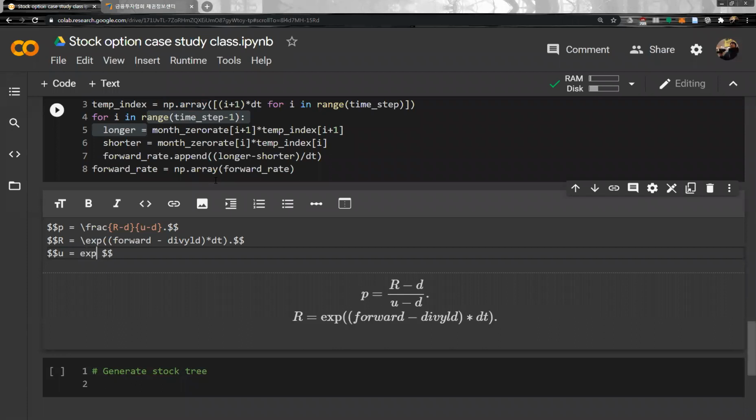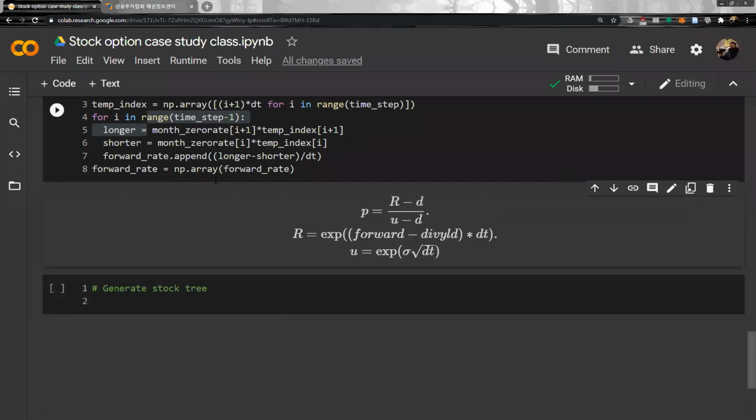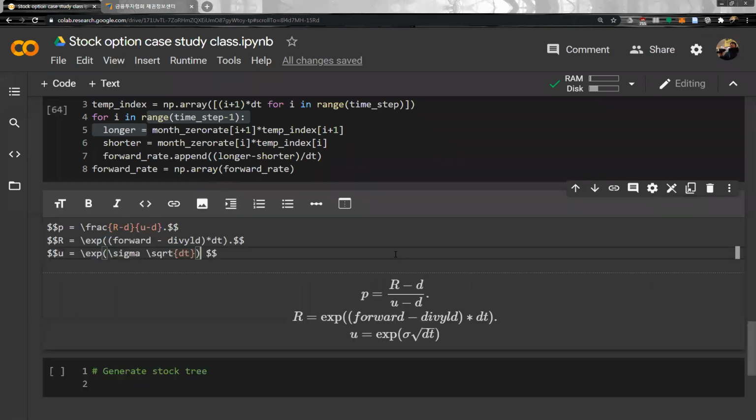So U is basically e to the power of sigma times square root of dt, and it is given like this. Again, there is deep theory about why it should look like this.